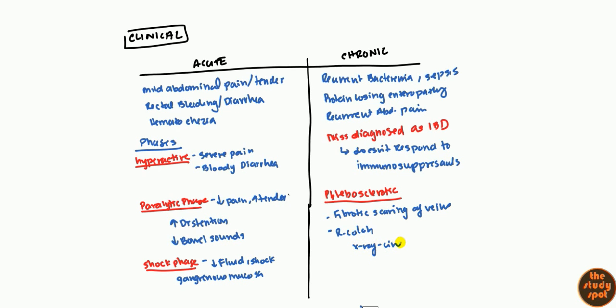In X-ray it shows up as linear calcifications, and on CT it shows as mesenteric venous calcifications. So if you see calcifications in the right colon, you might want to be thinking about this, especially if they have recurrent abdominal pain. And finally, with regards to phlebosclerosis, it resolves spontaneously, so there's no real need to treat it too much.